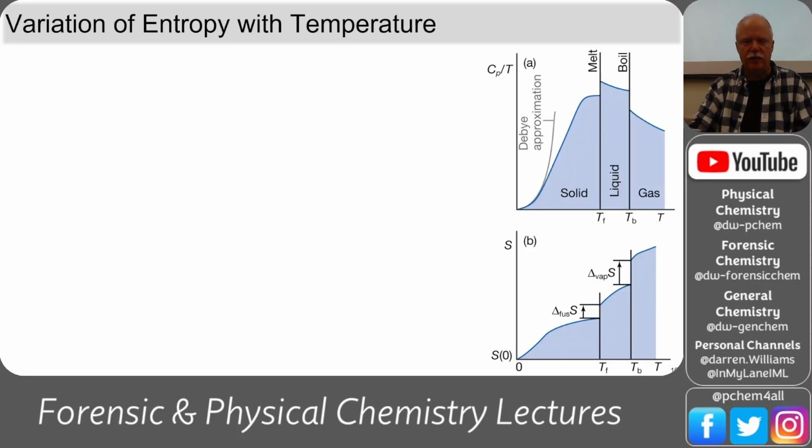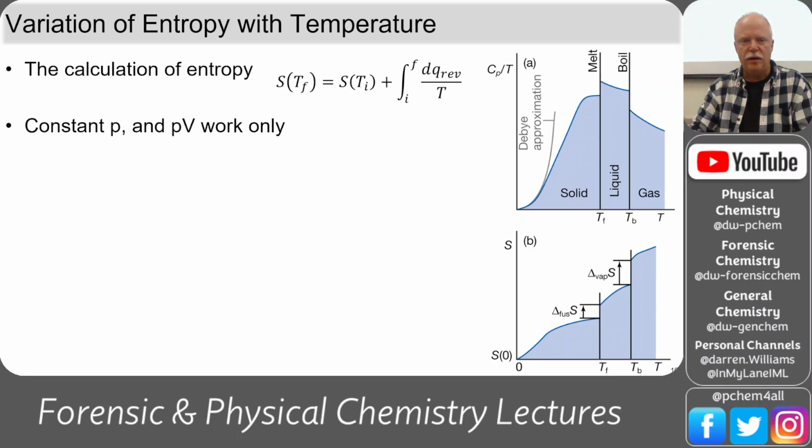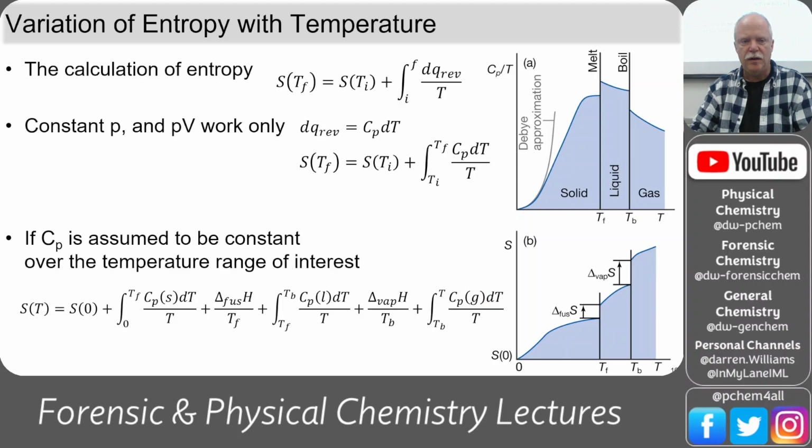We can see that entropy, if we plot it out, we can look at that entropy from absolute 0. It's increasing. We hit the melting point. So we've got a solid here. It melts, then we have a liquid, then it boils, and then we have a gas. So we can see those phase changes.